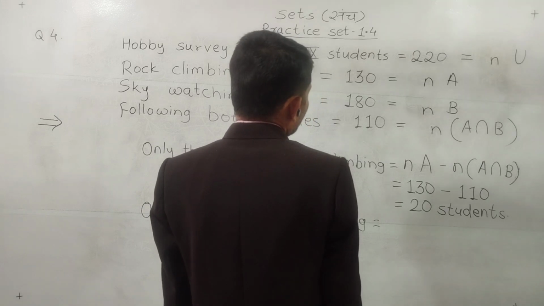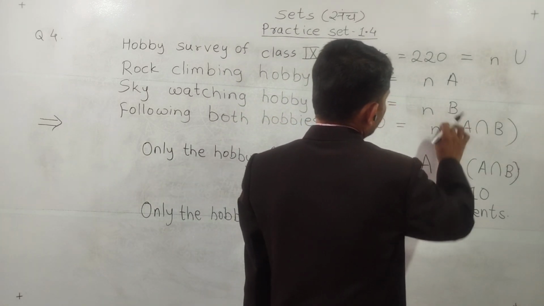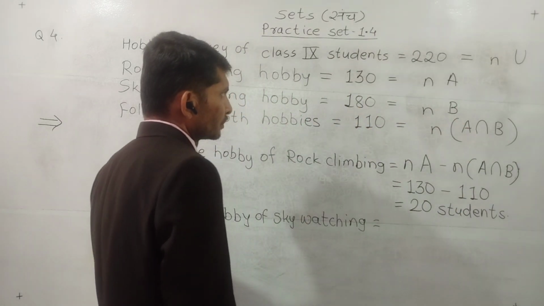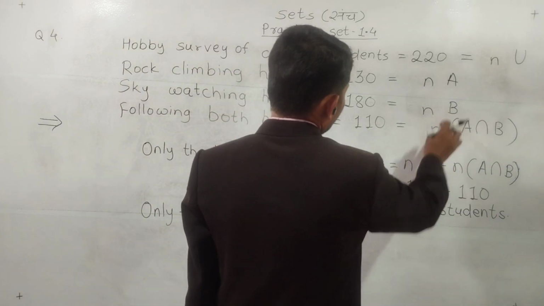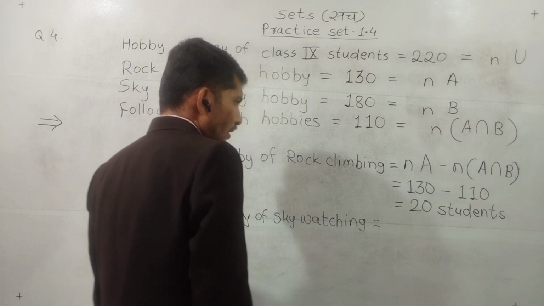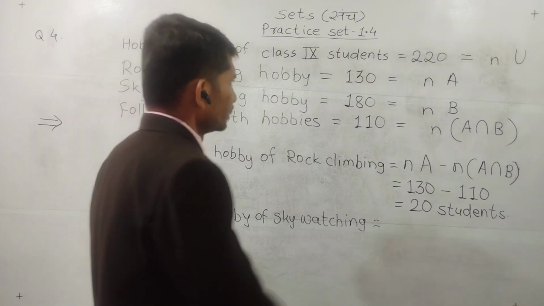Okay, so the set of students having sky watching hobby is set B. Okay, and the number of elements in set B is equal to 180.